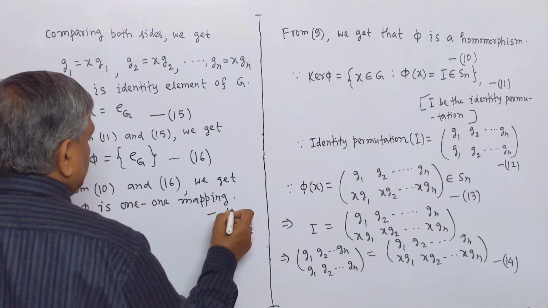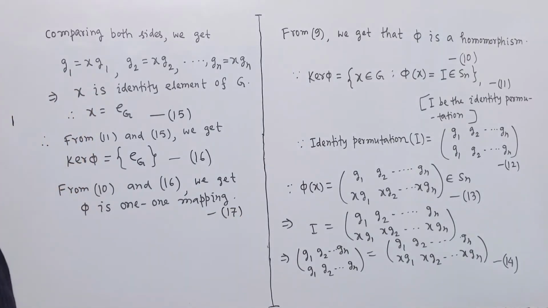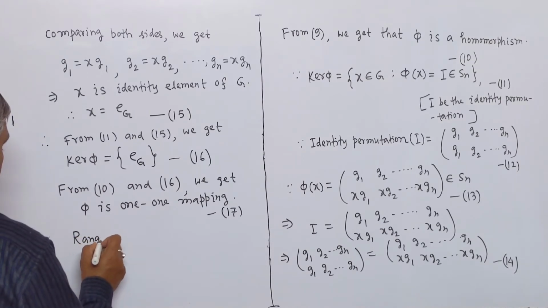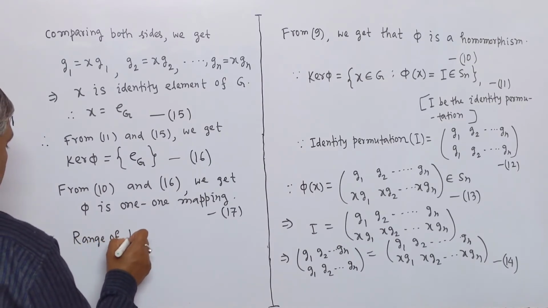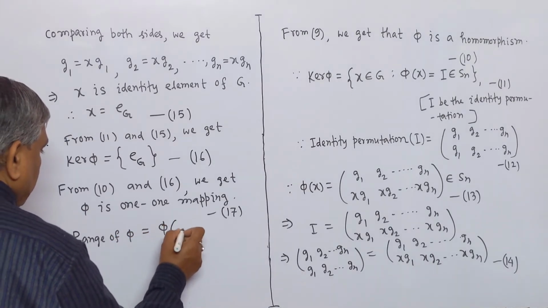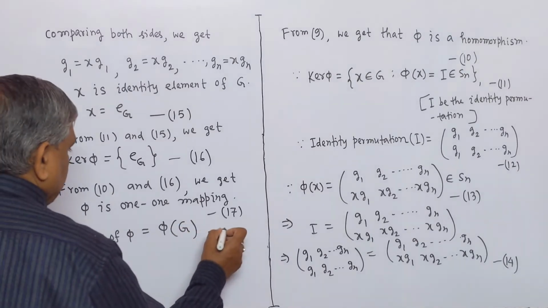This is number 17. Range of phi equal to phi of group G. This is 18.